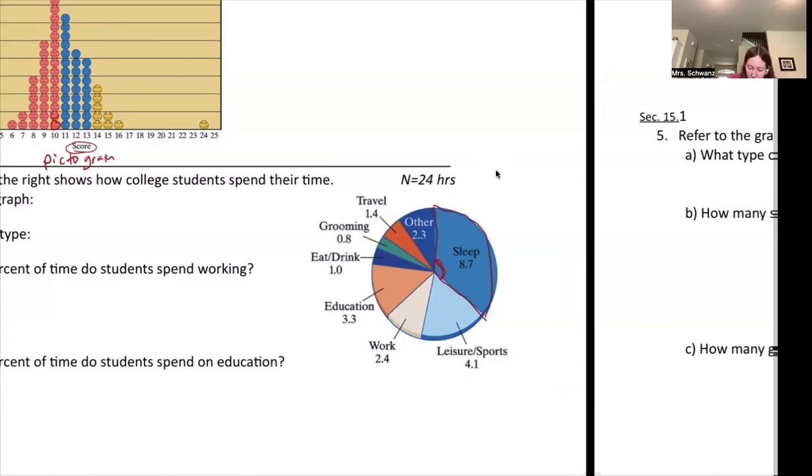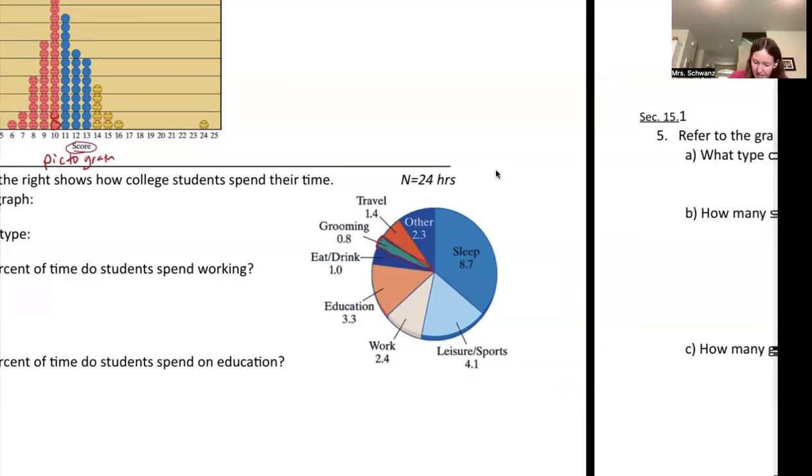The larger the central angle, the more percentage of your time is being spent on that particular item. We can see that the smallest piece of pie is grooming.